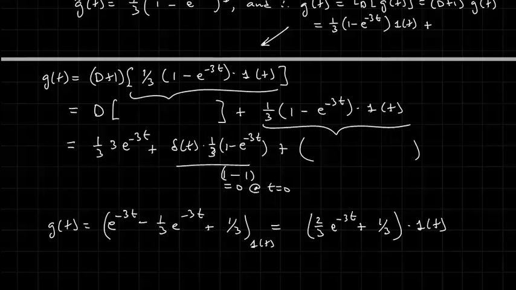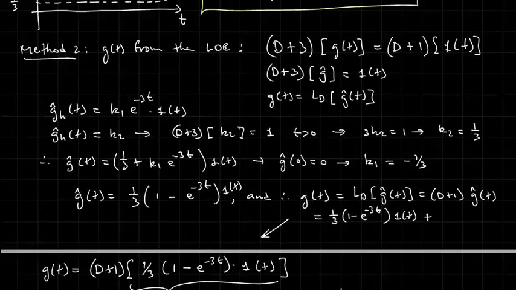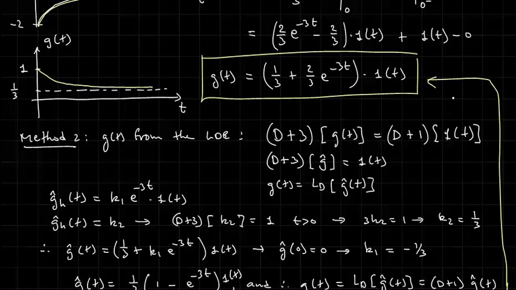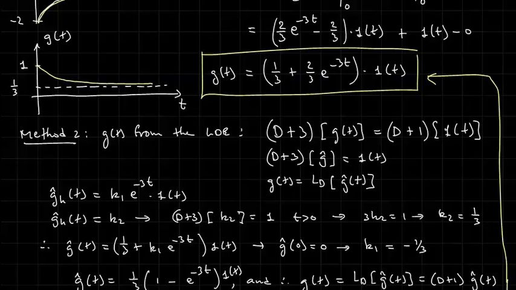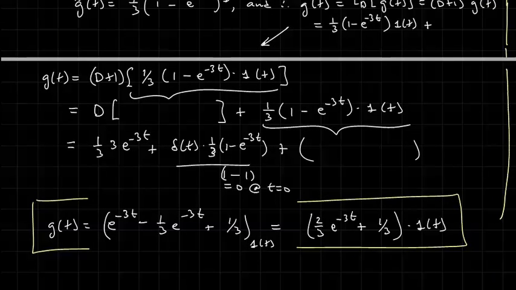Now, does this agree with what we found before? Let's go up. Okay, so right here we had 1/3 plus 2/3 e to the minus 3t, and yep, okay, they agree. Checkbox, they agree.